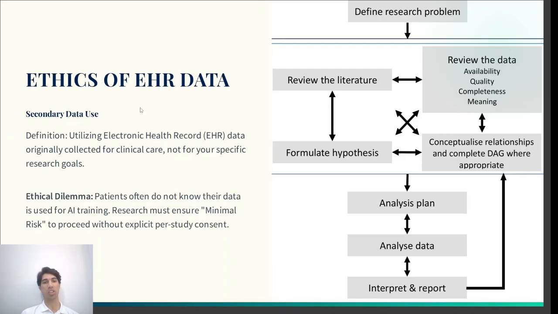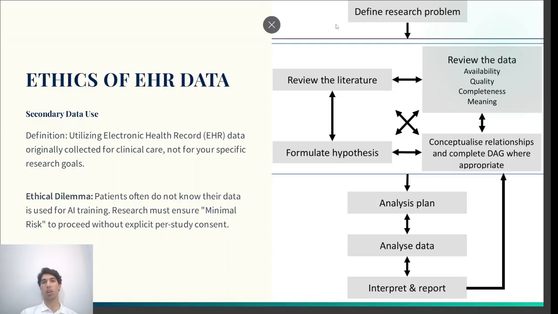Research must ensure minimal risk to proceed without explicit per-study consent. Because we are living in an AI era and we need lots and lots of data, we cannot take consent from each and every patient. So we must make sure that the risk is minimal and the data is properly de-identified.